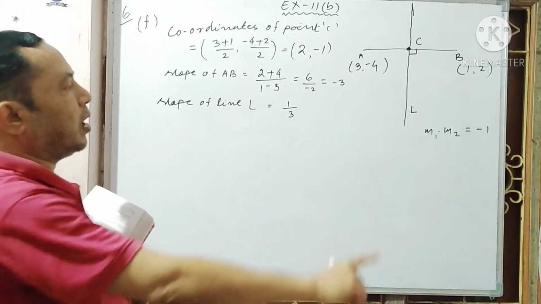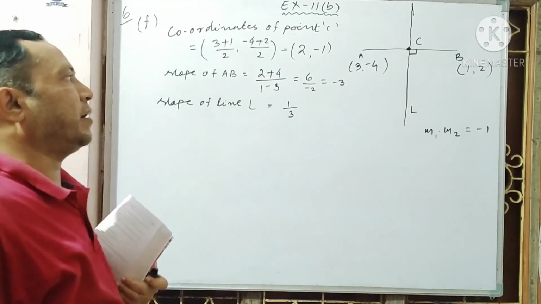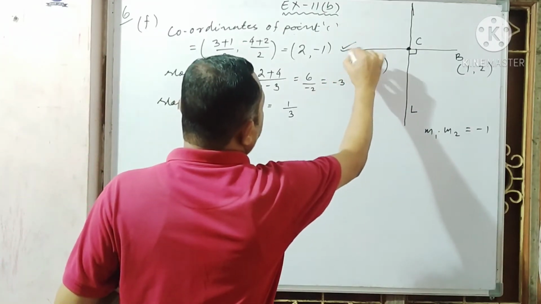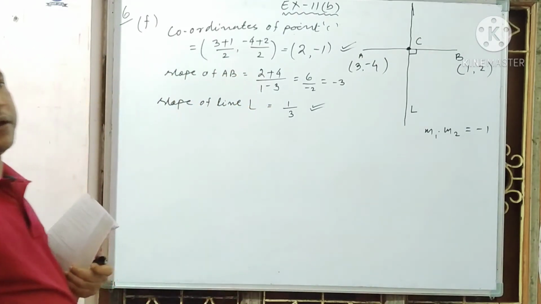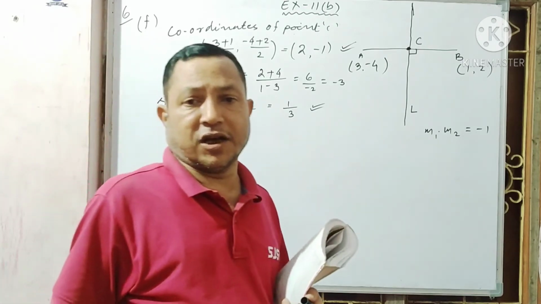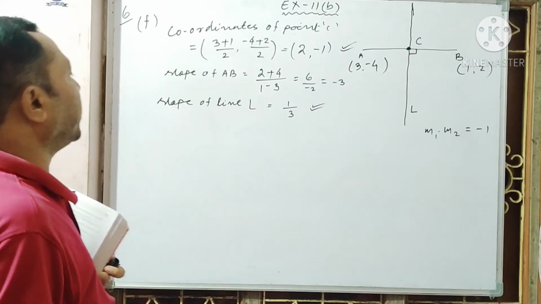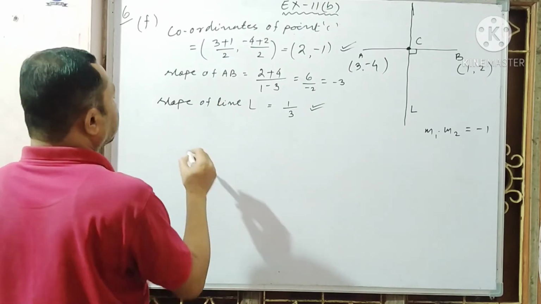Using this formula, the slope of the straight line is 1 by 3. And a point on this straight line is 2, minus 1, and the slope of this straight line is 1 by 3. Now, using the first type of equation we have already discussed, that is the point slope form of equation of a straight line, we can easily find out the equation.